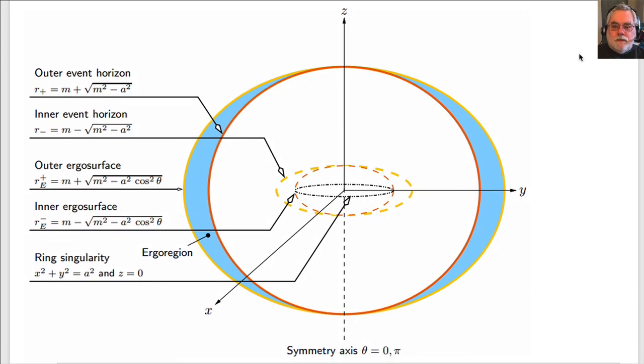Here is a different, simplified, and exaggerated representation for a moderately rotating black hole. This is the spin axis and the z-axis, and it's rotating about the z-axis.